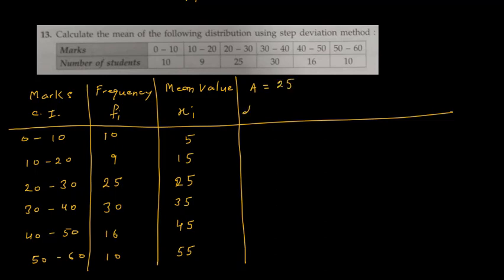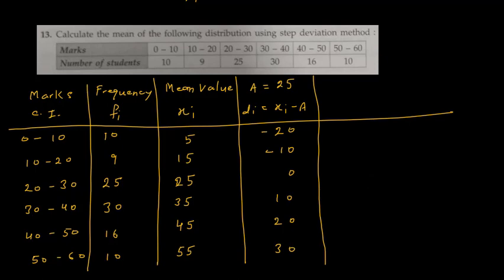So your formula for di will become di is equal to xi minus a. So 5 minus 25 gives me minus 20. Here I will get minus 10. Here I will get 0. Then I have 10, 20 and 30.